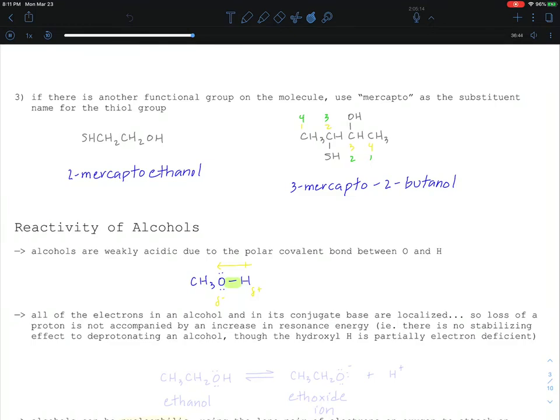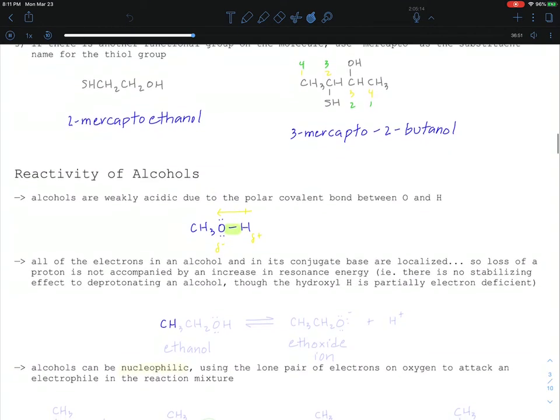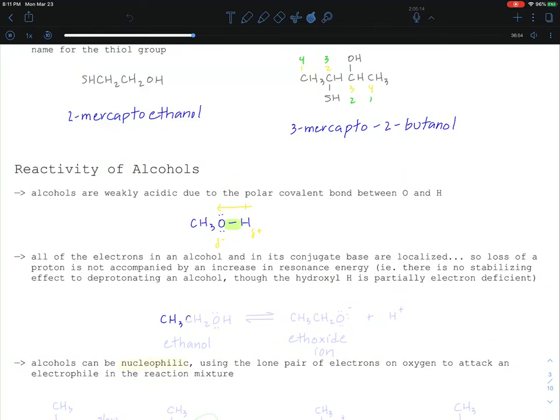The localization of the electrons is also noticed in the conjugate base. So let's just draw ethanol here. If we were to deprotonate this alcohol, like with some group 1 metal hydroxide, like sodium hydroxide or potassium hydroxide or whatever, we would take that hydrogen off and it would dump its electrons onto the oxygen.